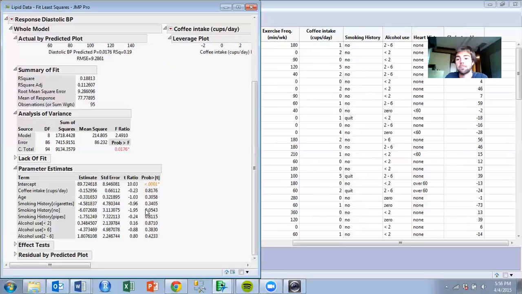Any one hypothesis test, so if you were to ask if coffee is related, or if age is related, or smoking history is related, or alcohol use individually, all of those hypothesis tests come back and say, no, that's not useful in the model. Again, that's not useful in the model. So any individual item, you would run just a t-test, and those would not come back as useful.